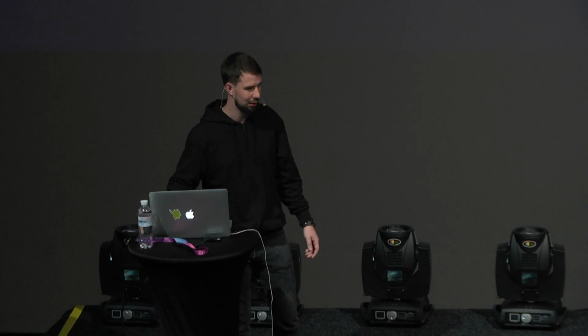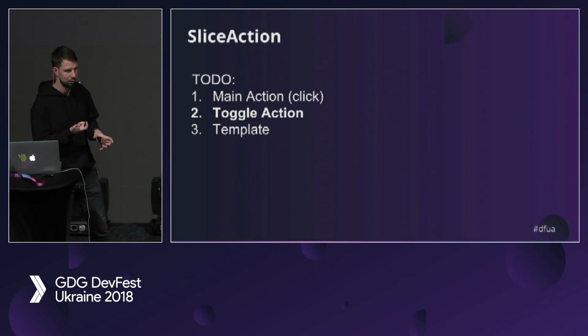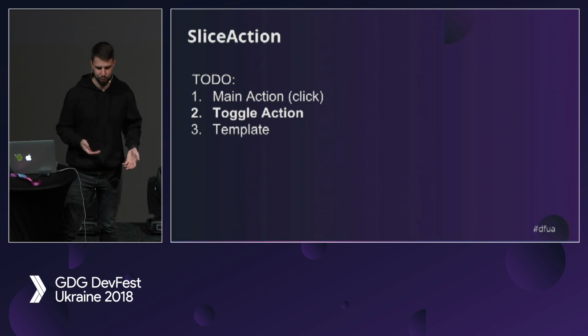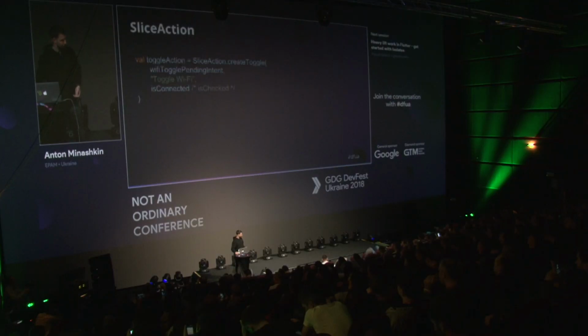That's all. The second part is toggle. It's the control which will help us to turn on or off the Wi-Fi, actually. And the template to bring them together. So the toggle looks like this.